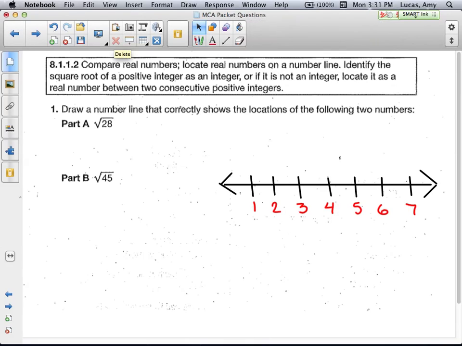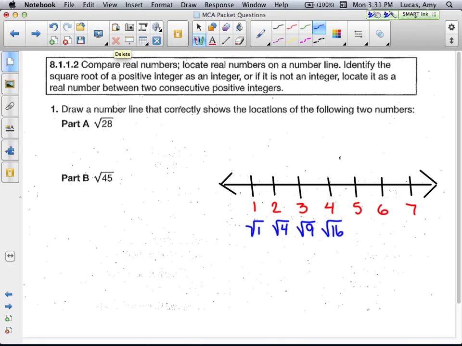And what I want you to remember is that the square root of 1 is 1, the square root of 4 is 2, the square root of 9 is 3, square root of 16 is 4, square root of 25 is 5, the square root of 36 is 6, and the square root of 49 is 7.